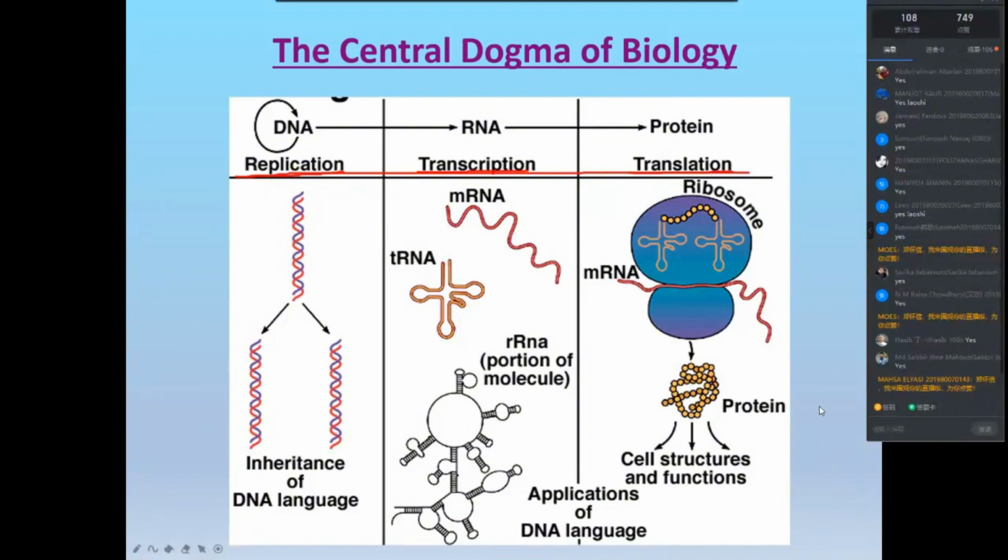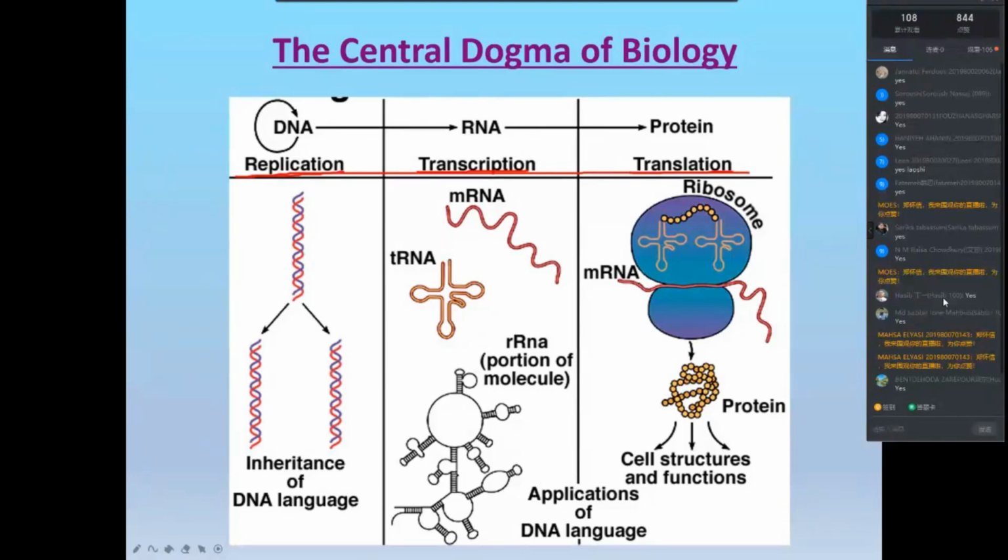Okay, so this video shows us the flow of information from DNA to RNA to protein, or what we call the central dogma. But I want to make it clear that this video shows us the central dogma of eukaryotic organisms, because in the video you can see there are introns in genes. So after transcription, the intron needs to be spliced out to form mature mRNA so that the mRNA can be translated.